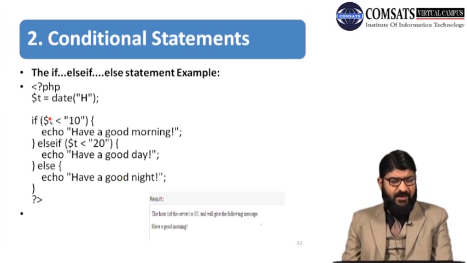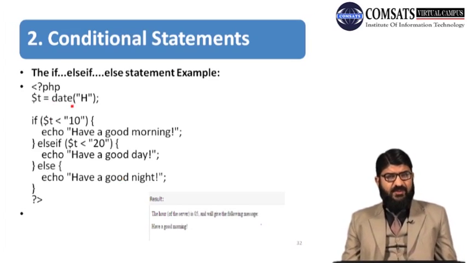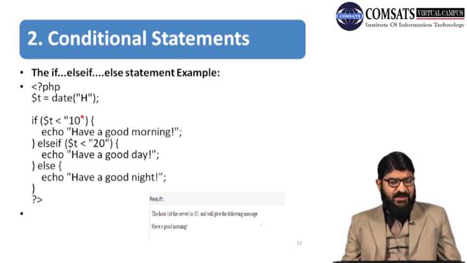So you see the time that is running right now is less than 10, so the first condition became true. So the result is "Have a good morning", because right now the server time is 5 o'clock, that is less than 10. Then the following message is printed, that is "Have a good morning".